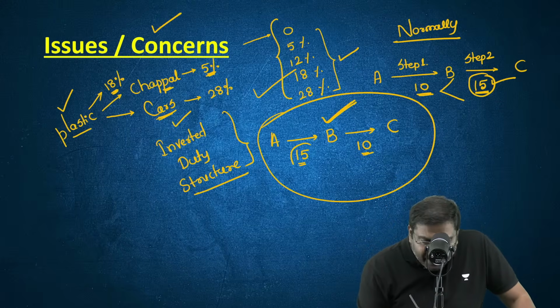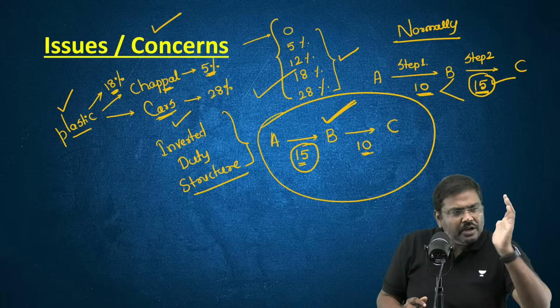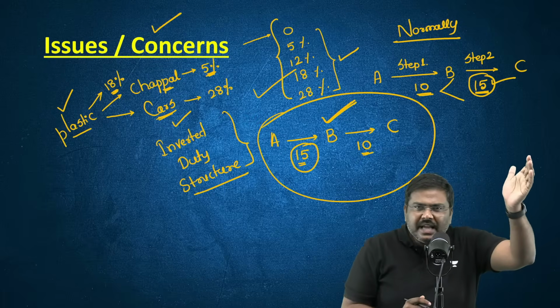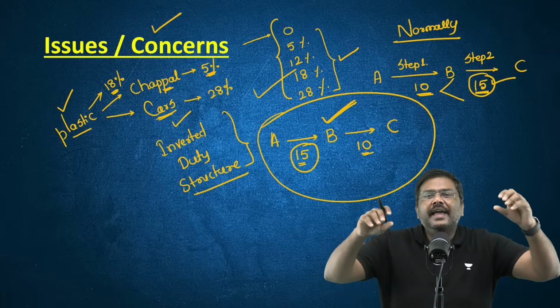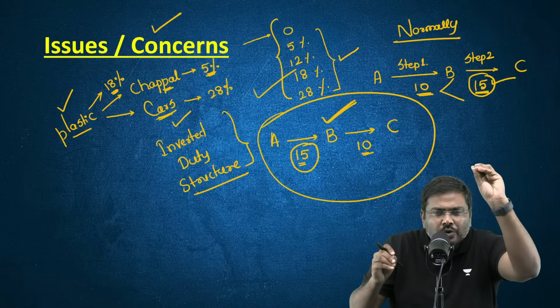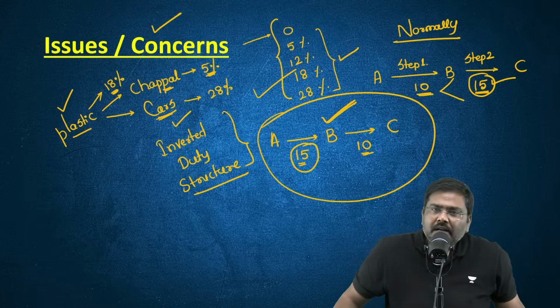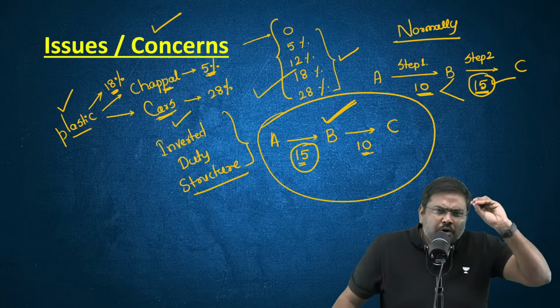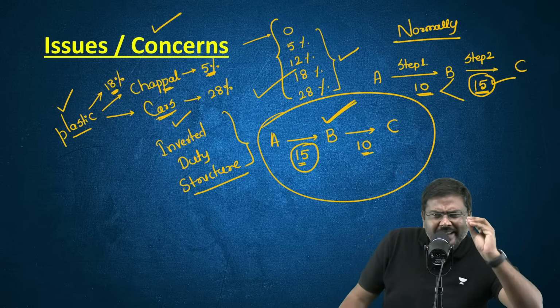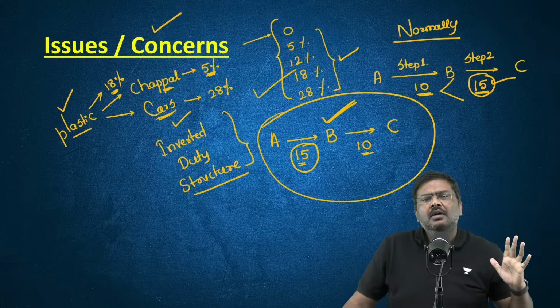Now, 15 rupees you have paid on your inputs. It is there with the government. The government will take 3 months to provide input tax credit to you. Is this a problem?